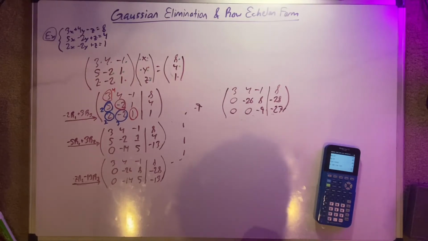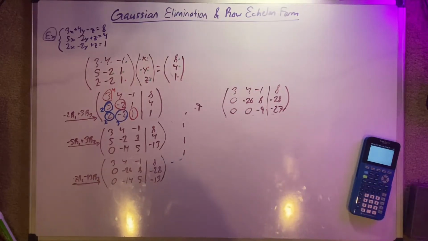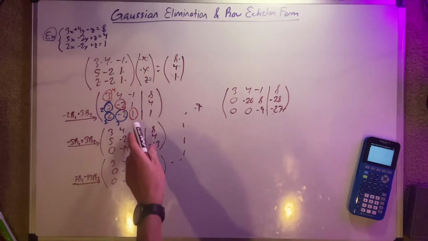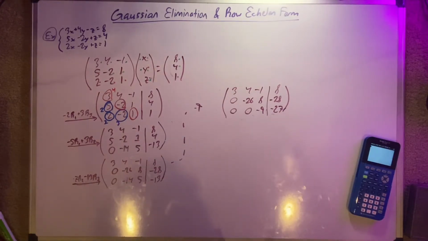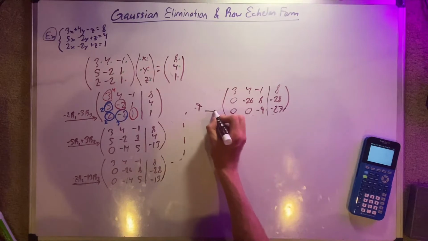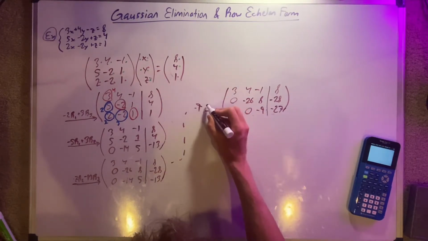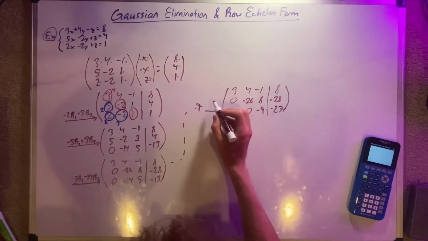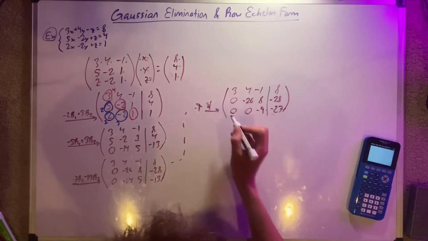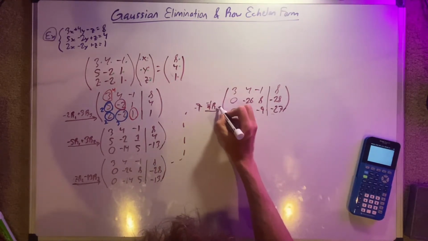Okay, so now, because our row echelon form 4 is optional, I'm going to kind of do it because I'm going to show you one step that you can do that would actually be helpful in this instance, and that would be hitting this all with a -1/9 row 3.